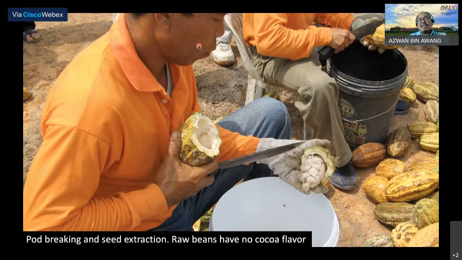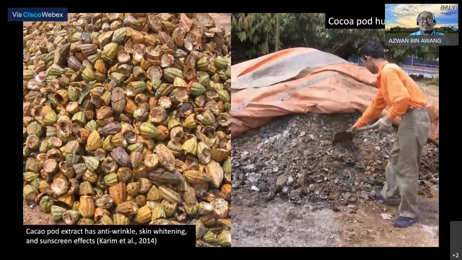Remember that raw beans have no cocoa flavor, so we have to do what we call post-harvest processing. Very important, we need to ferment, peram, and also we need to roast, bakar. If we don't do these two things, you will not get the desired cocoa flavor. After we remove the seeds, you are left with the pods.